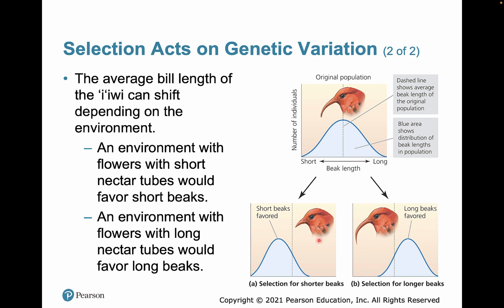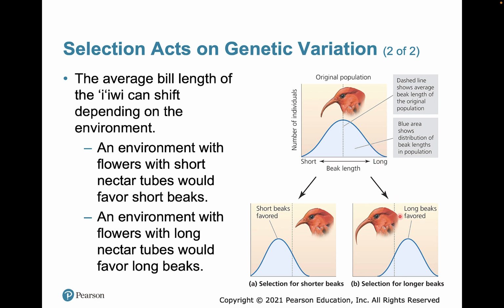If there's something in the environment that makes it more advantageous for the flowers to have longer nectar tubes, okay, these guys with the short beaks over here are not going to be able to get enough nectar to survive and reproduce. But these guys with the longer beaks are going to be able to get enough nectar to survive and reproduce.